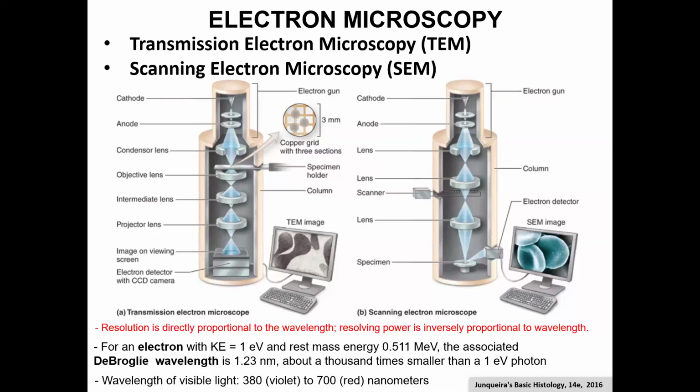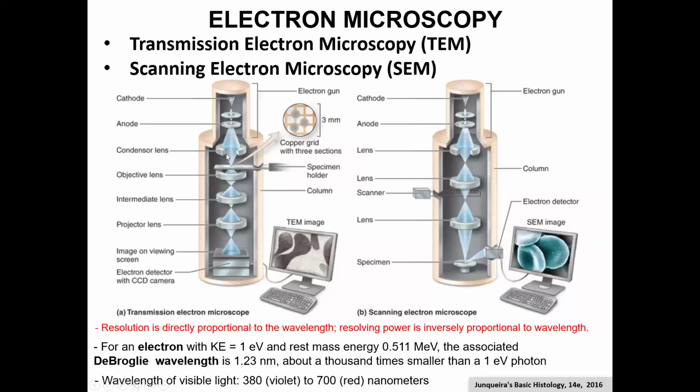But instead of a lens, one uses a magnetic field that is generated here, and the magnetic field focuses the electron beam on the specimen.